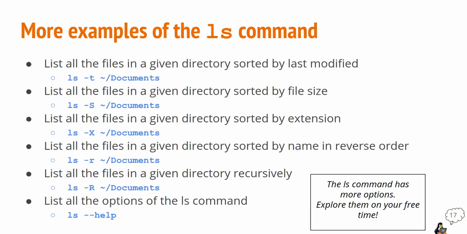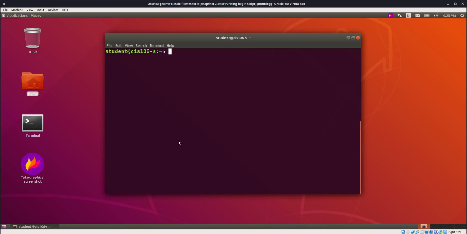To list all the files in a given directory sorted by last modified, this one will exclude hidden files, as you can see by the absence of the -a option. We do ls -t documents, and this is going to sort the files by which one was modified last. For example, we know that the notes directory contains 2 files, so let's list that one.